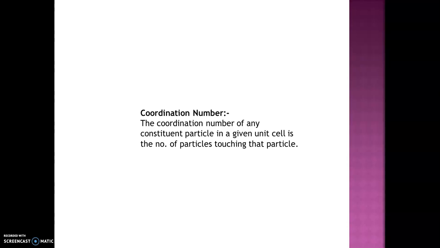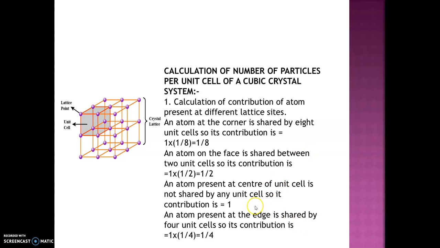Then another important thing is coordination number. You may know what coordination number is. The coordination number of any constituent particle in a given unit cell is the number of particles touching that particle. For example, if you see here, each particle is touching each other.